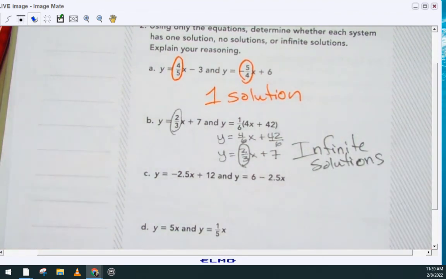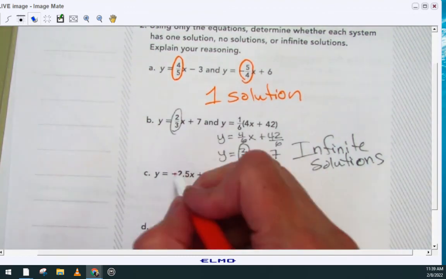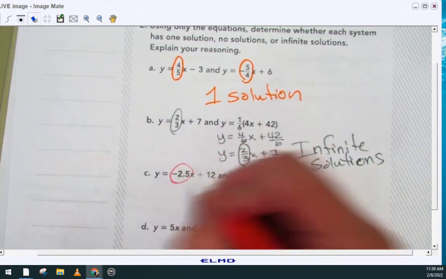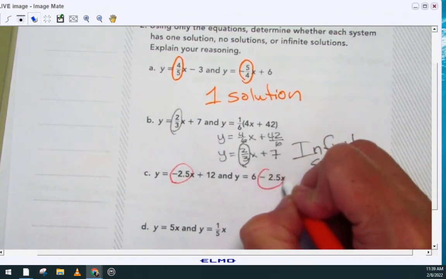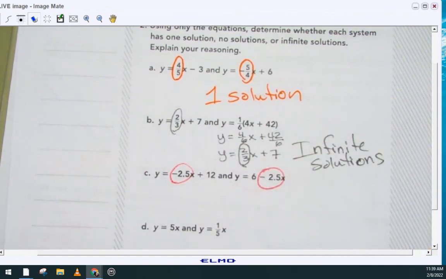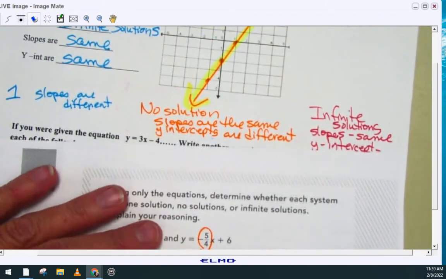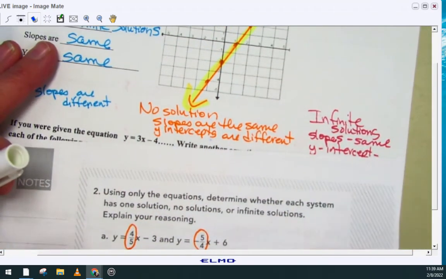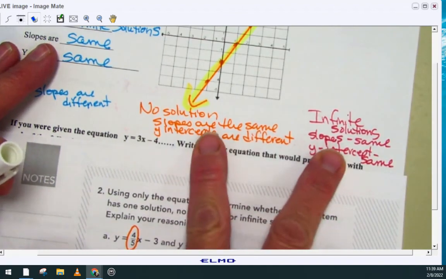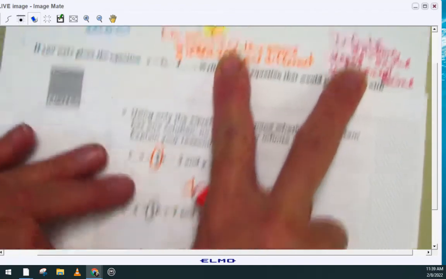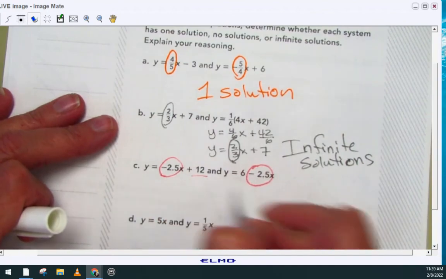Okay, so let's look at our next one. Here is my slope. Here is my slope. Those are exactly the same. So again, if they're exactly the same, it's going to be one of these two. My y-intercept is different though.